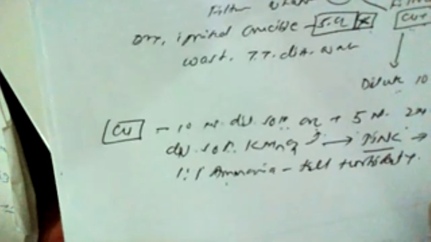When the solution turns neutral or alkaline, turbidity is obtained, a somewhat milky white colored solution.